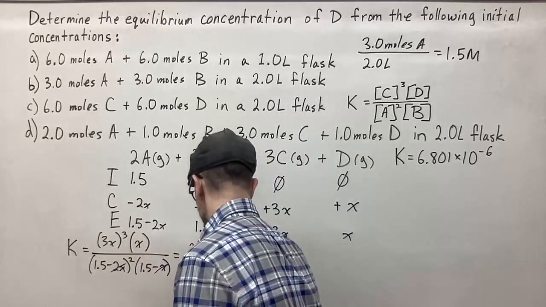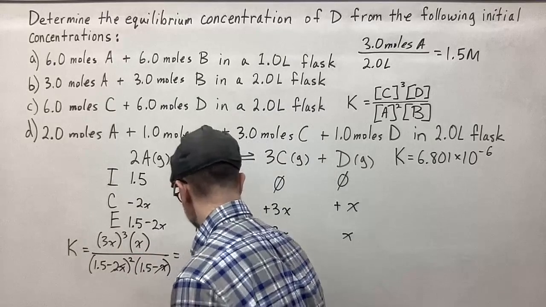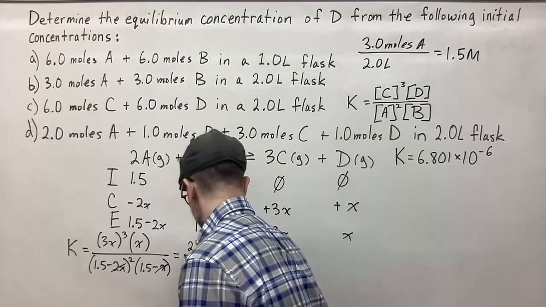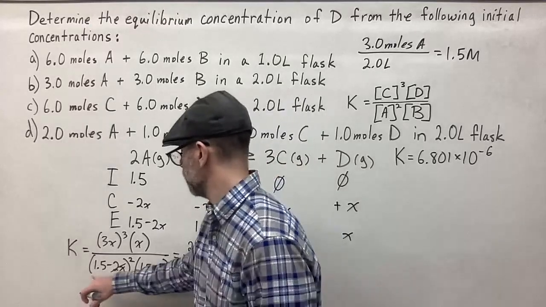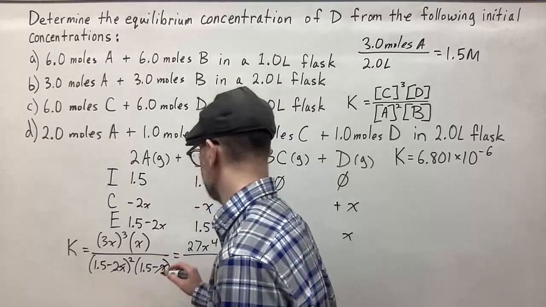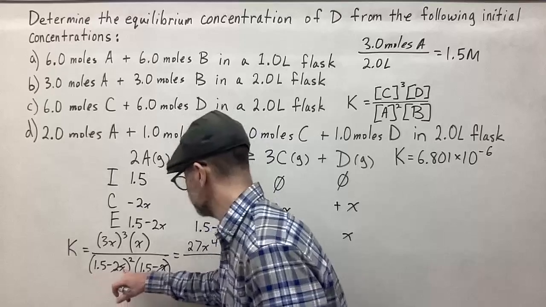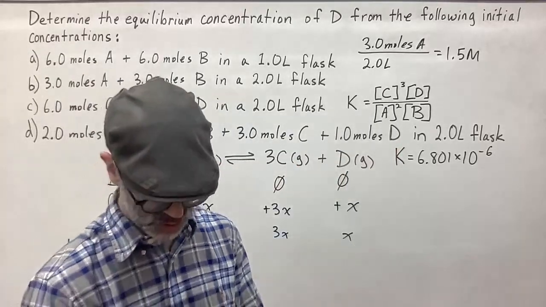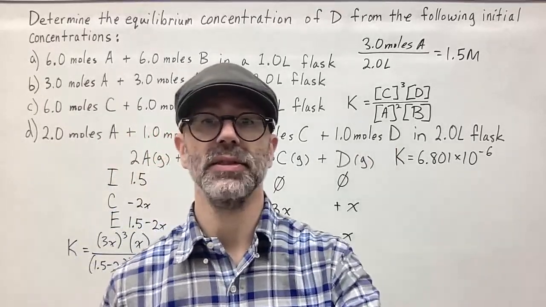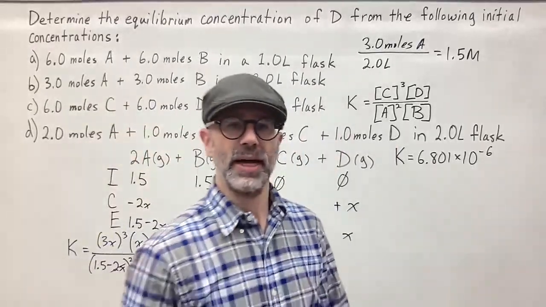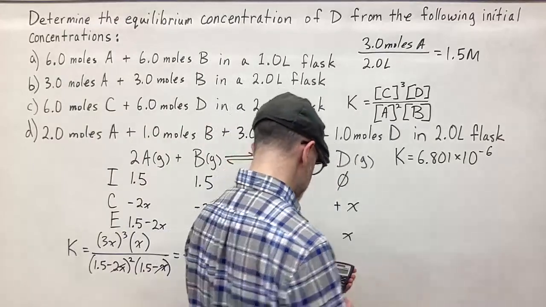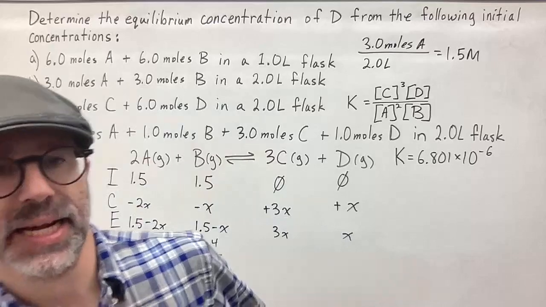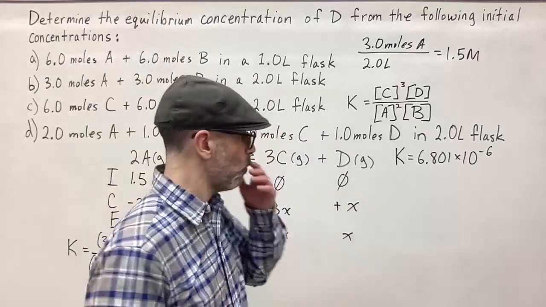So we're going to get 27x to the 4th over 1.5 squared times 1.5, and that's going to give us 3.375.